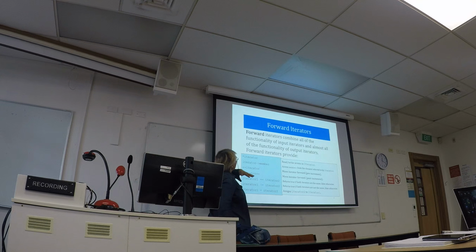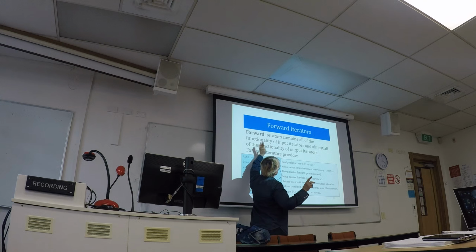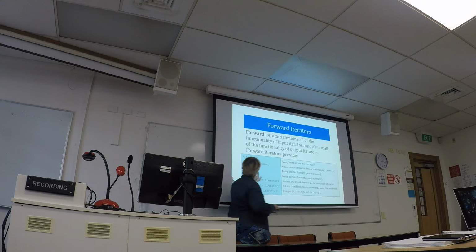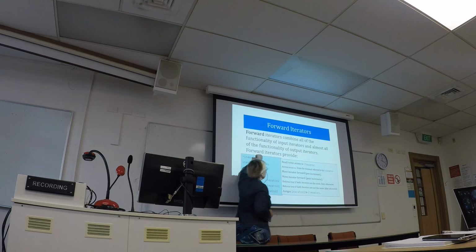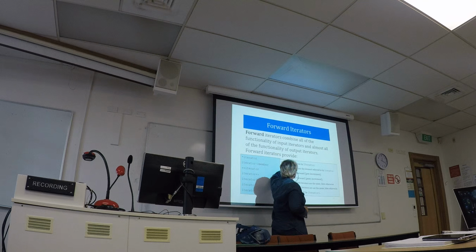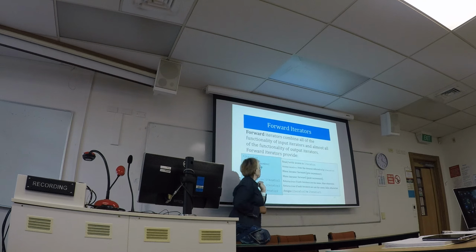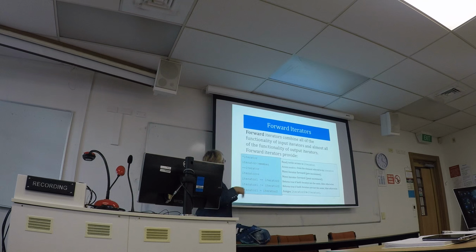Up in the hierarchy, we have the forward iterators, which can do input and output, but again, they move only in one direction, as you can see, plus plus. And with dereferencing, you can read data which is here, you can write data which is dereferenced. So it's providing a little bit more power.